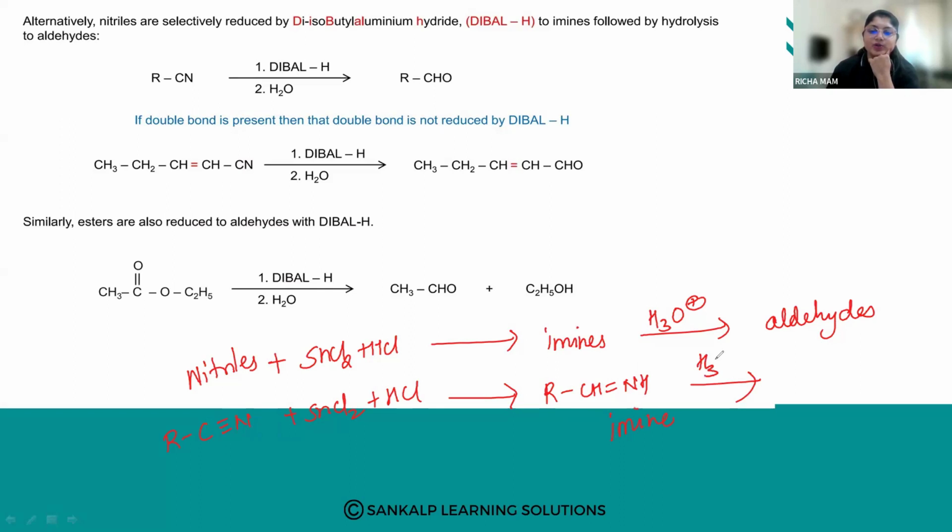This imine will undergo hydrolysis to give you RCHO, and NH3 is given up. So this is the Stephen reaction.